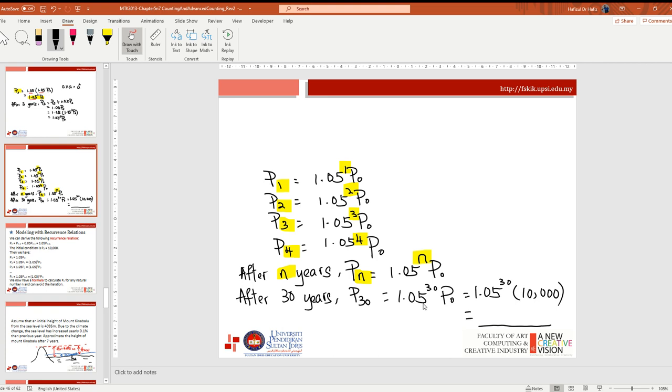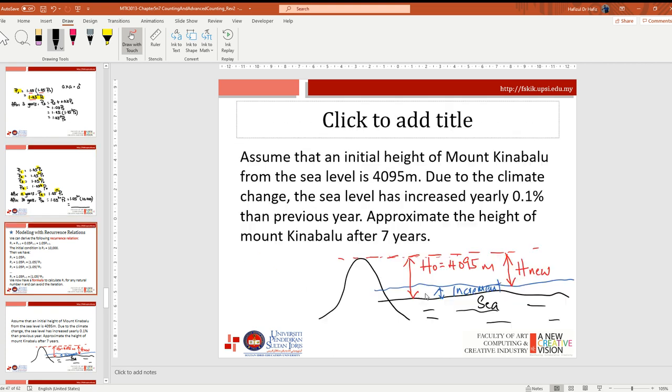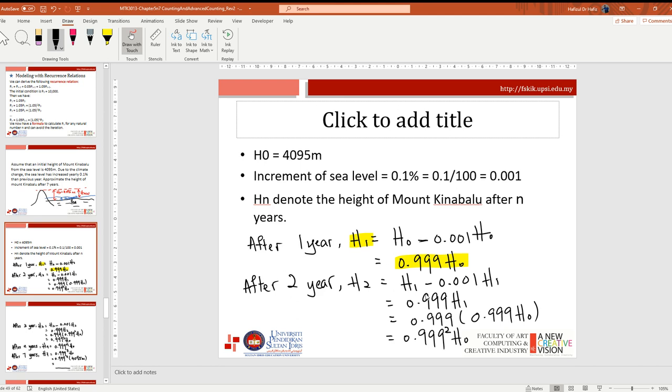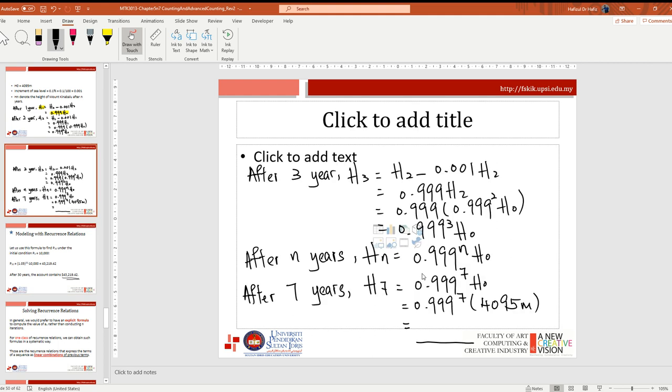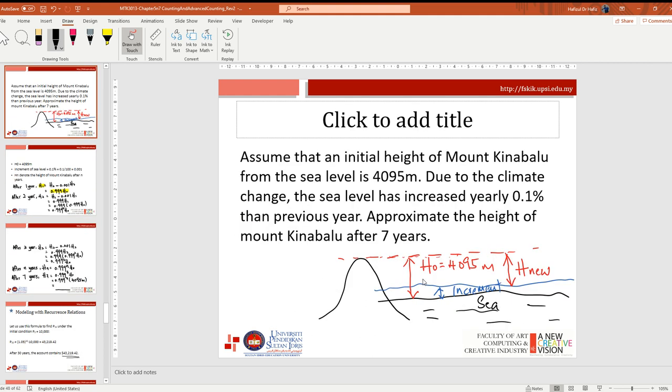Kalau kita darabkan, okay, after 30 years, we have about 43,000.